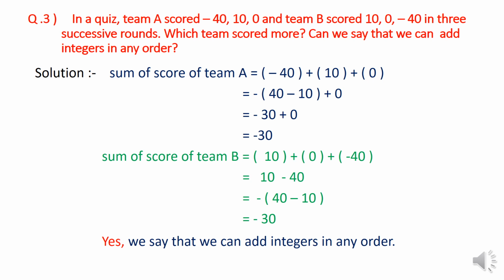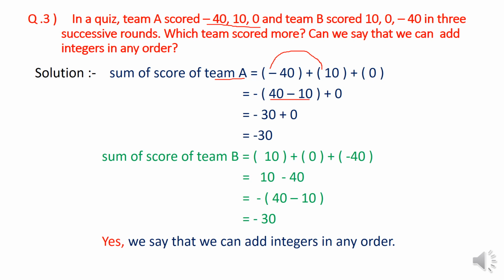So, here the sum of the score of team A we will find first. Team A's score is already given and it is minus 40 plus 10 plus 0. Here minus 40 and 10 do not have the same sign, so they will be subtracted.